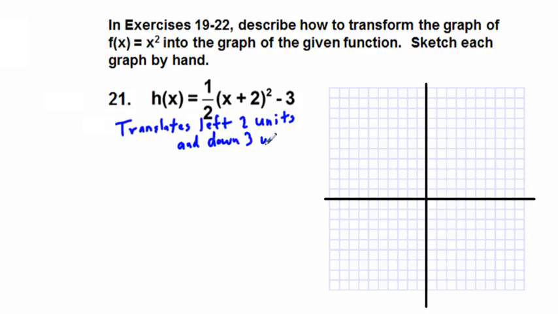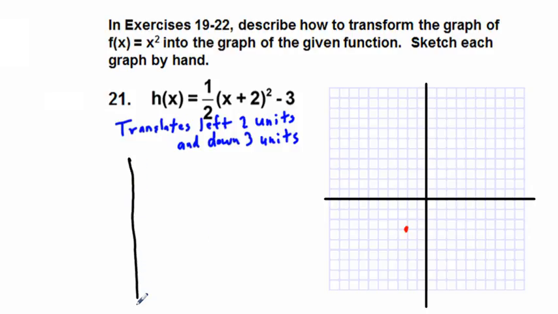That minus 3, that's the k. So we can find our vertex by going to the left 2 and down 3. So that's our vertex.